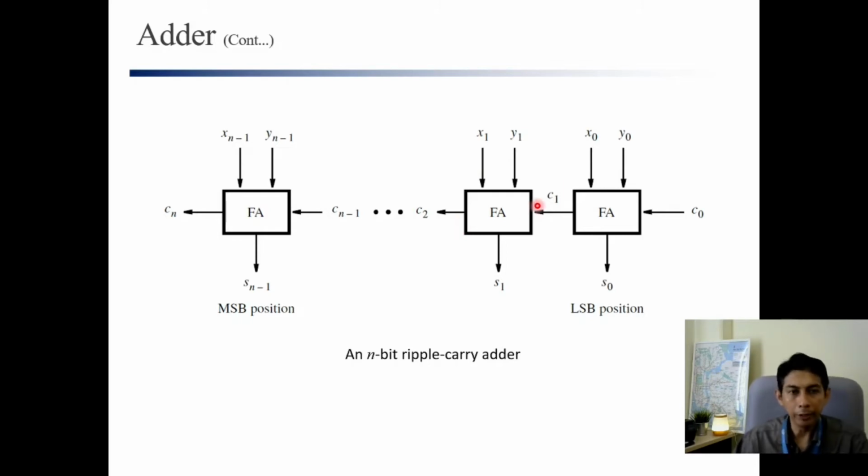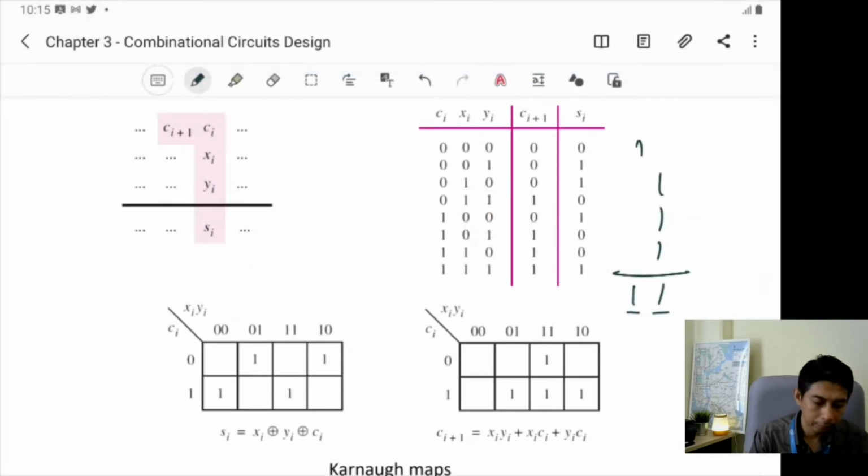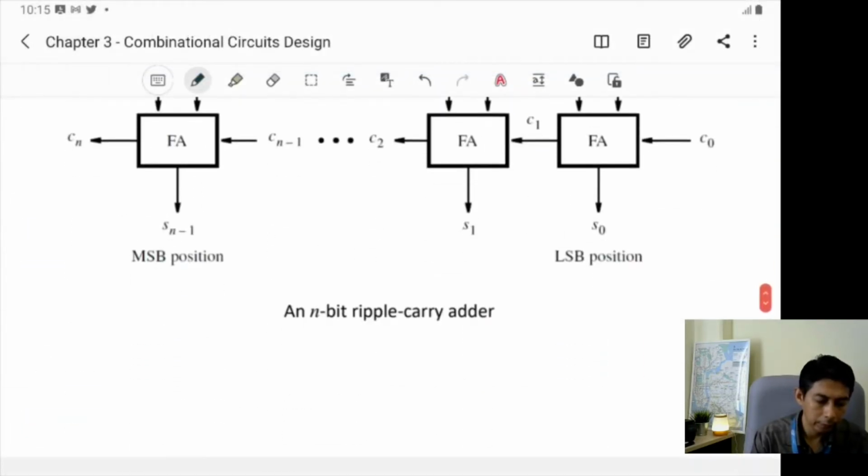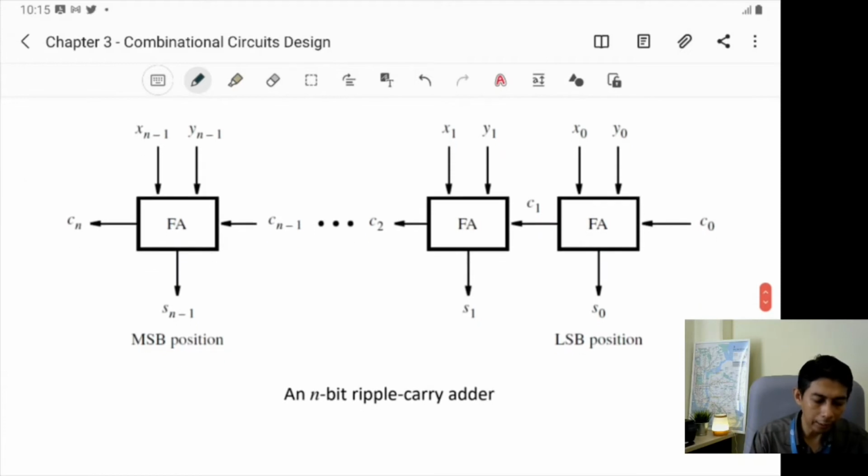So for example, we add X and Y. For example, we have 0, 1 and this is 1, 0. This is the position of the bits.